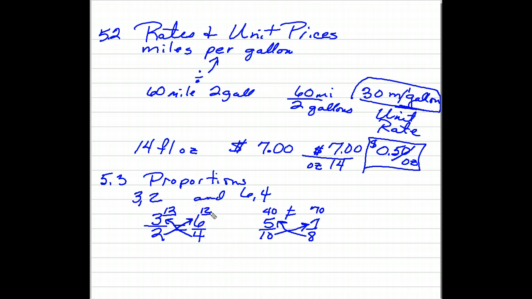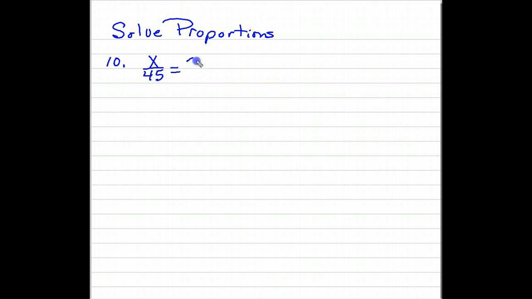But we're going to be working with numbers that are proportional. So to solve a proportion, if you have part of it and you need the rest of it, okay, let's take one of the ones out of the book. Number 10 says x over 45 equals 20 over 25.